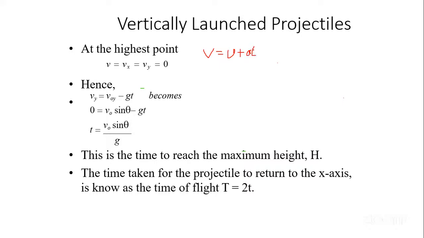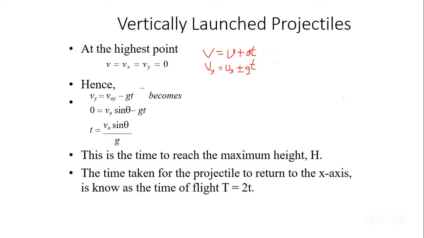For vertical motion, we are going to have Vy equals Uy plus or minus GT.